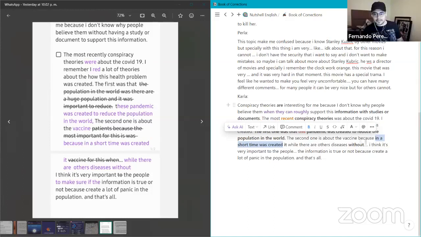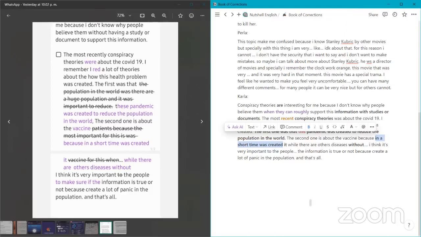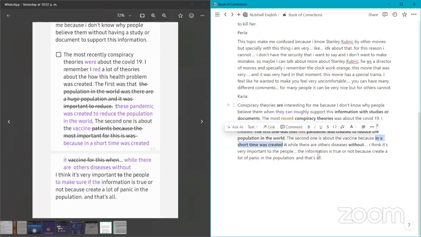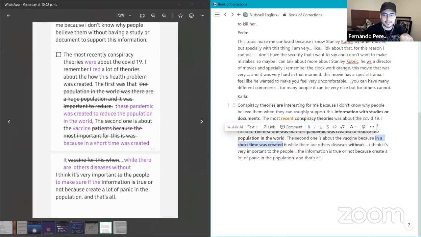And what about because? Ah, okay. You're saying this about. Okay, no, that's correct. Let's go back again. The second one is about the vaccine because. Don't eliminate because. It is a necessary comma. We are not erasing this part because this part is correct.